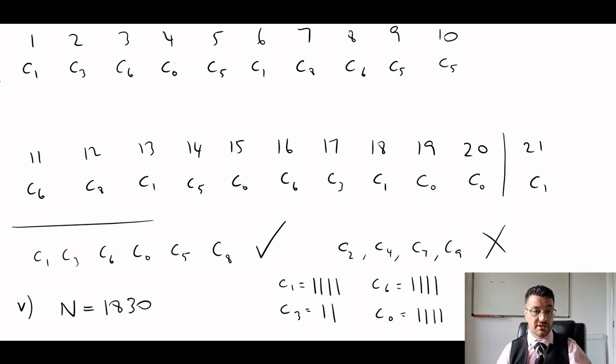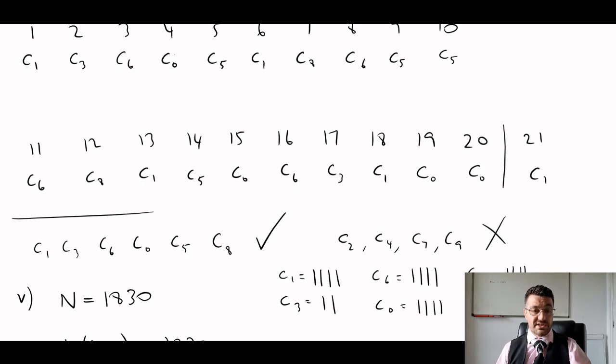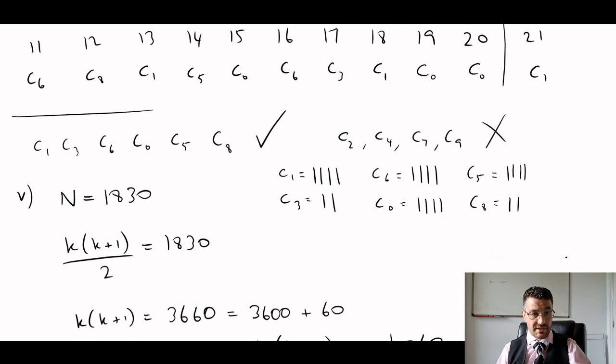Stop there, okay? So in 20 sweets, C1 receives 4, C6 receives 4, C5 receives 4, C3 receives 2, C0 receives 4, C8 receives 2 sweets.